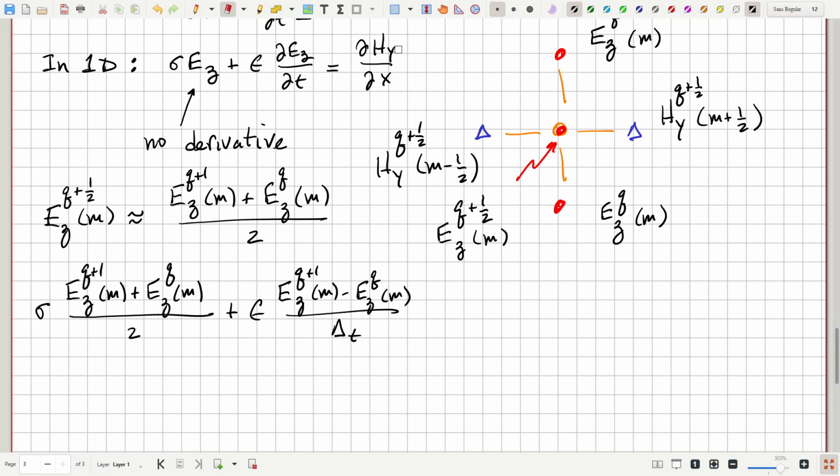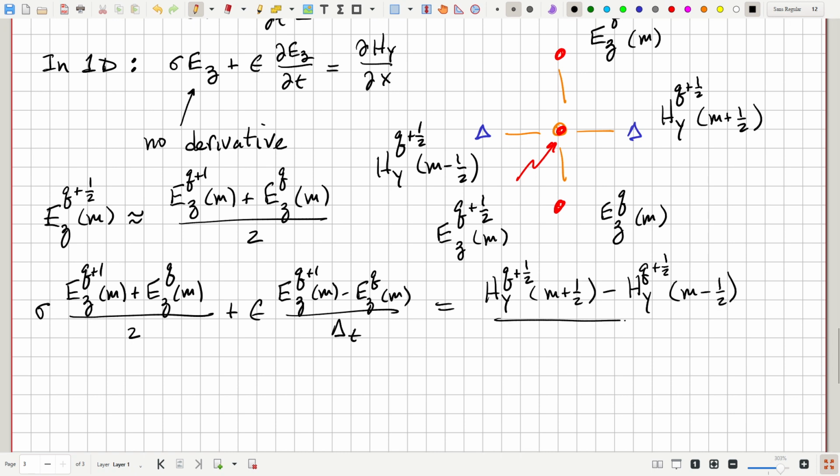That's going to be equal to this spatial derivative, which is a central difference. So we'll have Hy at time step q plus a half, m plus a half, minus Hy at q plus a half, m minus a half, over the spatial step size, delta x. Okay, so this is the new term here.